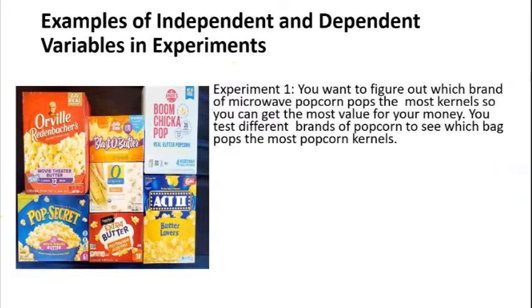So we have here different popcorn brands, and we would like to know which brand pops the most popcorn kernels. So the thing that we change or manipulate here is the brand of popcorn. So you will buy different brands of popcorn. And then based on what we have here, we are going to determine which one pops the most popcorn kernels.